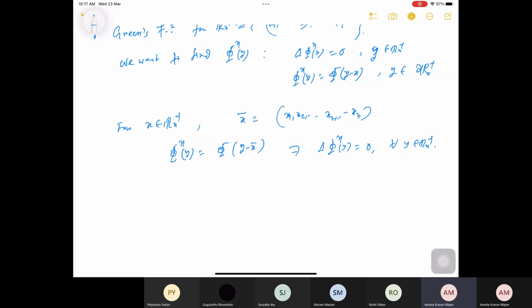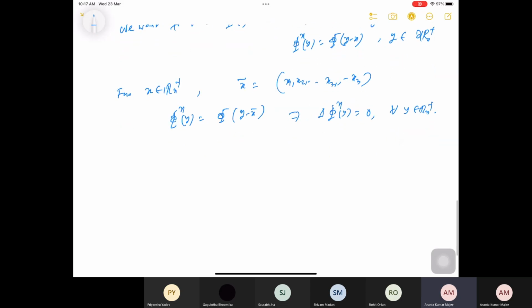What I need to check then is that on the boundary, it should be P(y minus x). So for y on the boundary of R^n_+, you check that the modulus of y minus x is equal to the modulus of y minus x bar. This is because x is here, so x bar is exactly like here, and for any y on the boundary, yn is equal to 0.